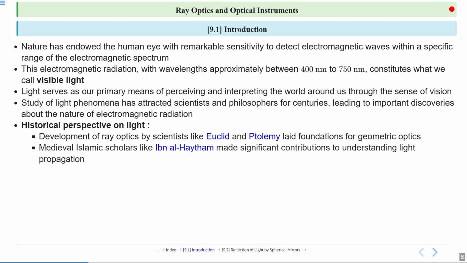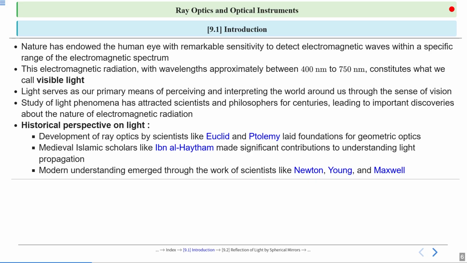Medieval Islamic scholars like Ibn al-Haytham made significant contributions to understanding light propagation. How does light propagate through different mediums, how does light propagate through vacuum? Light is also an electromagnetic wave, so its behavior is similar to electromagnetic waves.